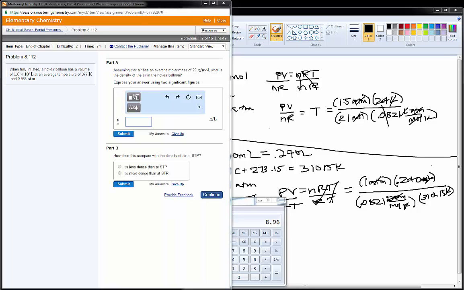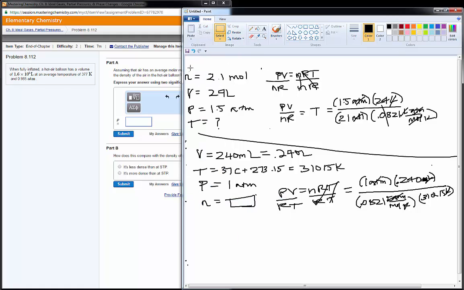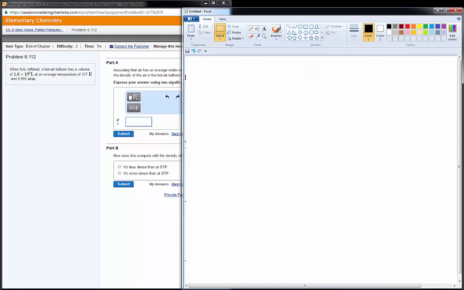Next, we're looking at some information on a hot air balloon. And if you read the question, it might feel like you don't have enough information to calculate what you need. But I assure you that you do, and we can use the ideal gas law. Let's just muddle through it and see how far we can get.